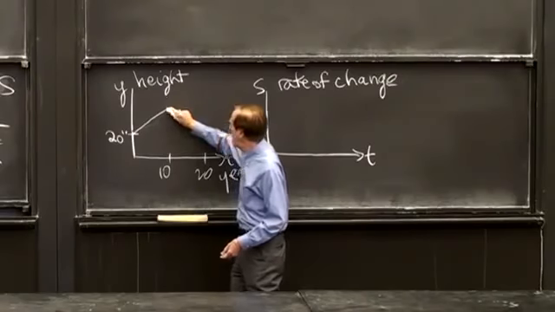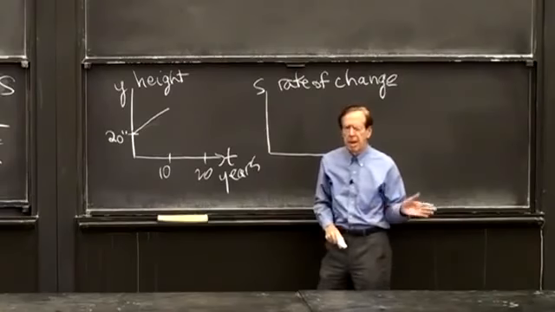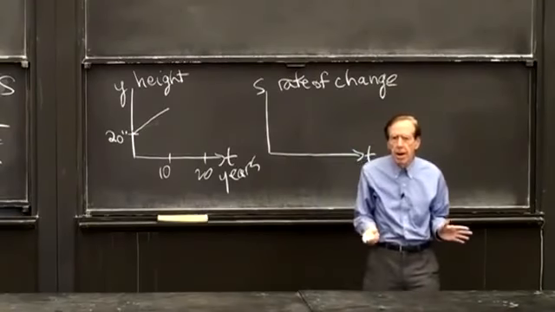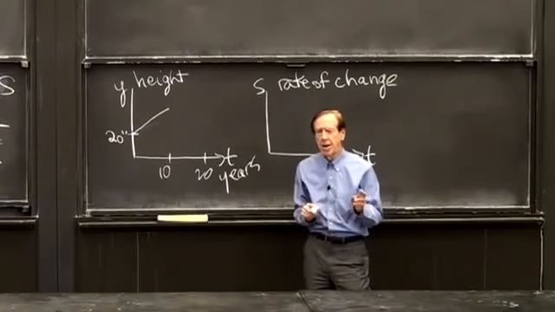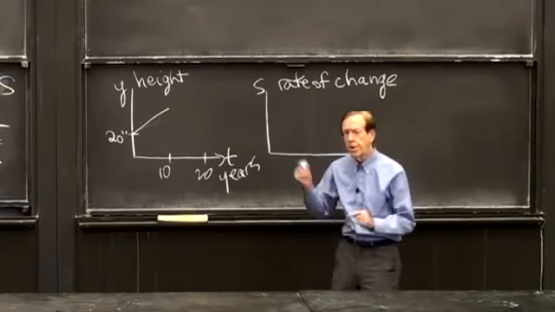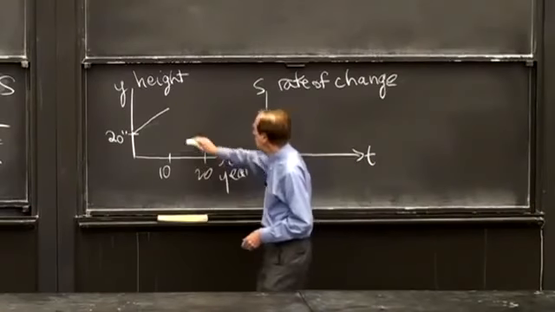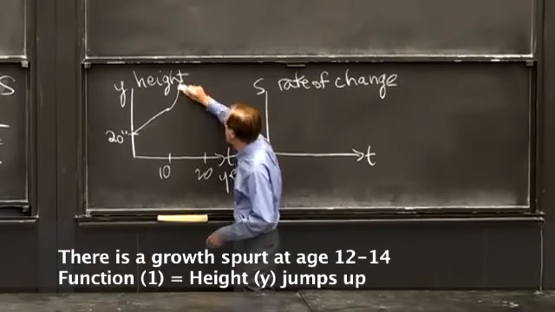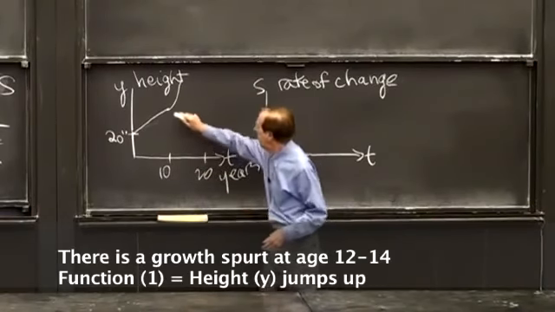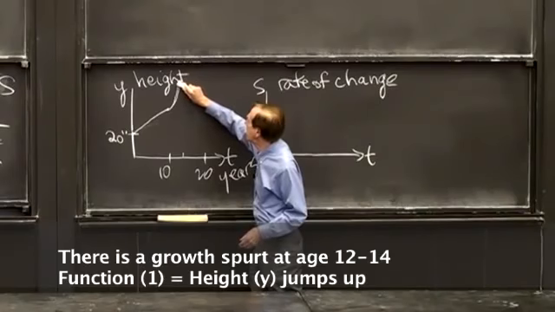And then at about maybe age 12 or 13, there's a growth spurt. And maybe the point is, how do we see that growth spurt on the two graphs? Differently, but it's the same growth spurt. So here your height suddenly jumps up. You catch up with everybody. And then unfortunately it doesn't do that forever.